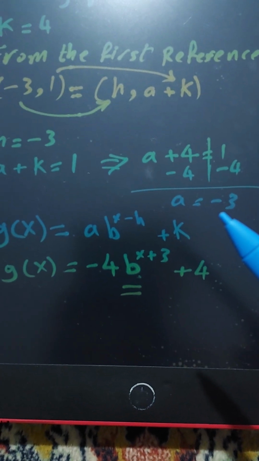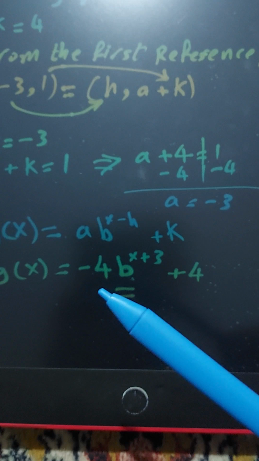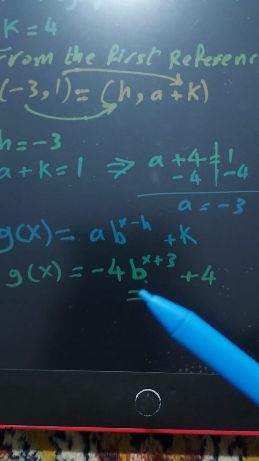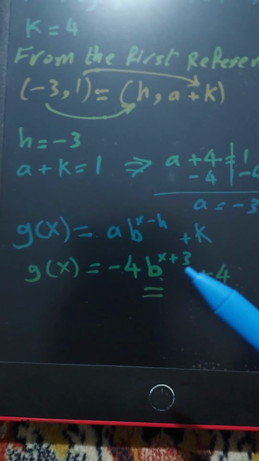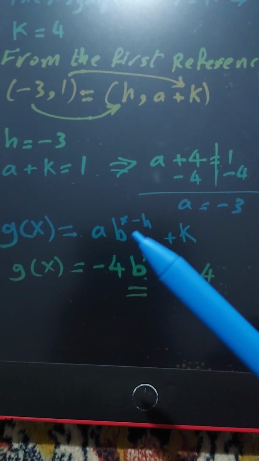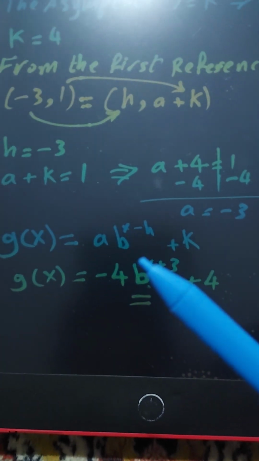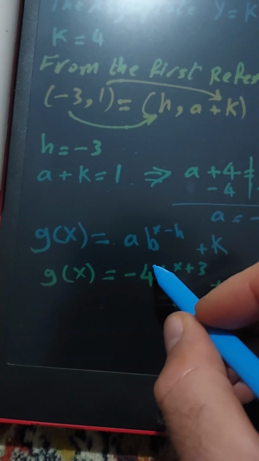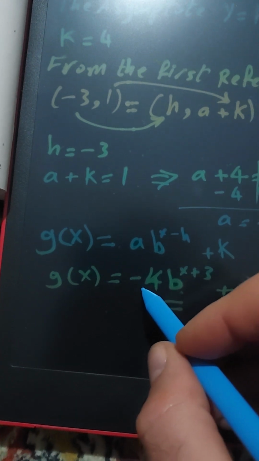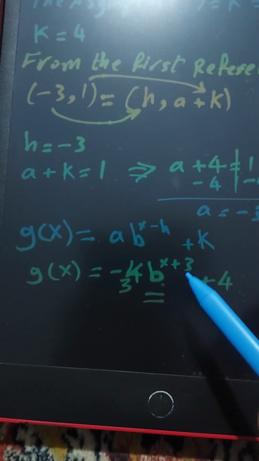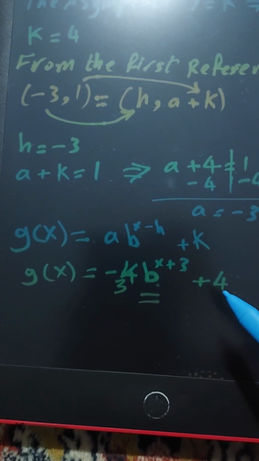Actually, it's -3, so that's a typo. I will have it fixed. So it should be -3 b^(x plus 3) plus 4. Why did we have plus 3? Because here we have minus h, meaning minus -3 is going to be plus 3, plus 4. So instead of -4, it is -3.